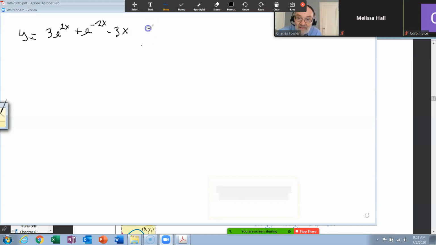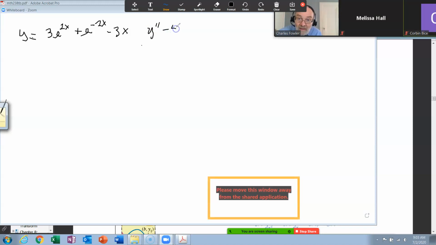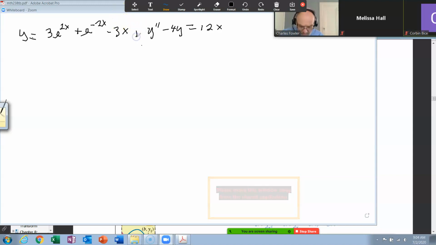Let's see if I can get it in here. Y double prime minus 4y is equal to 12x. Oh, I forgot, with these initial conditions, I put the comma.